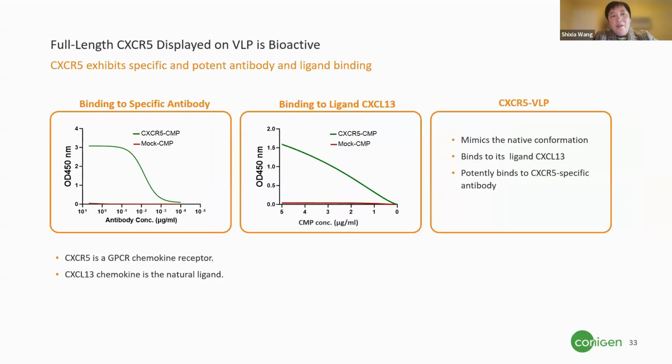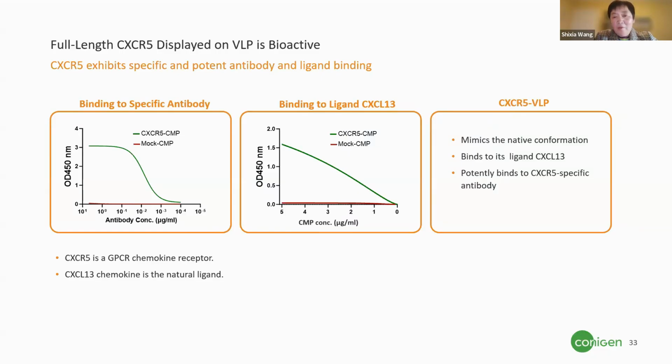The other example is CXCR5. CXCR5 is also a GPCR chemokine receptor. With the CXCR5 viral particle, we detected very potent binding to the specific antibody, also in the single-digit nanogram range, and also potent binding to its ligand, CXCL13.